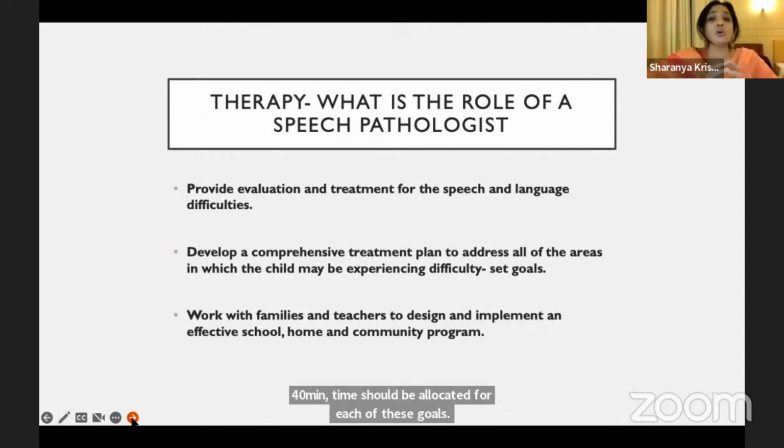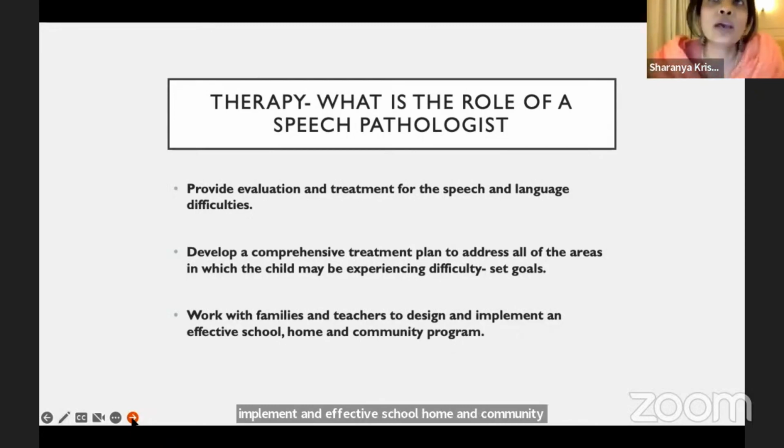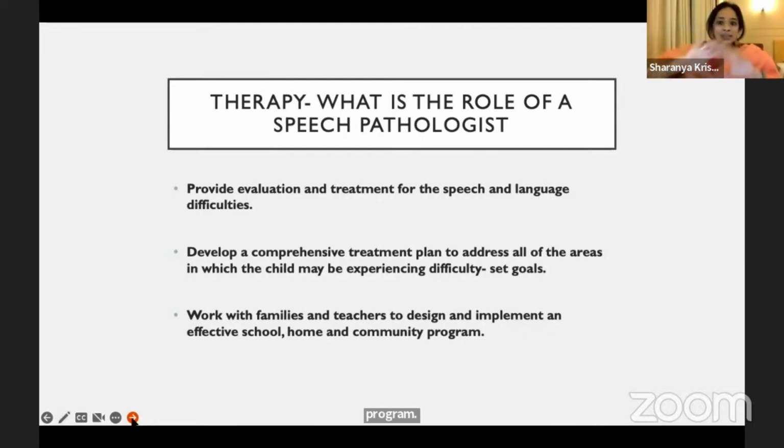So, work with families. The next role or responsibility of an SLP is to work with families and teachers to design and implement an effective school, home, and community program. Okay, so what we are looking at is something that is comprehensive, something that helps the child settle, go beyond the clinic.